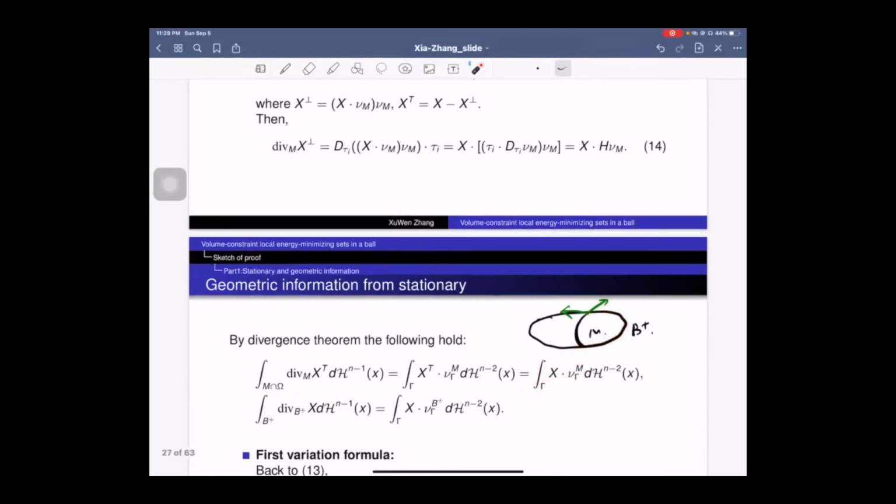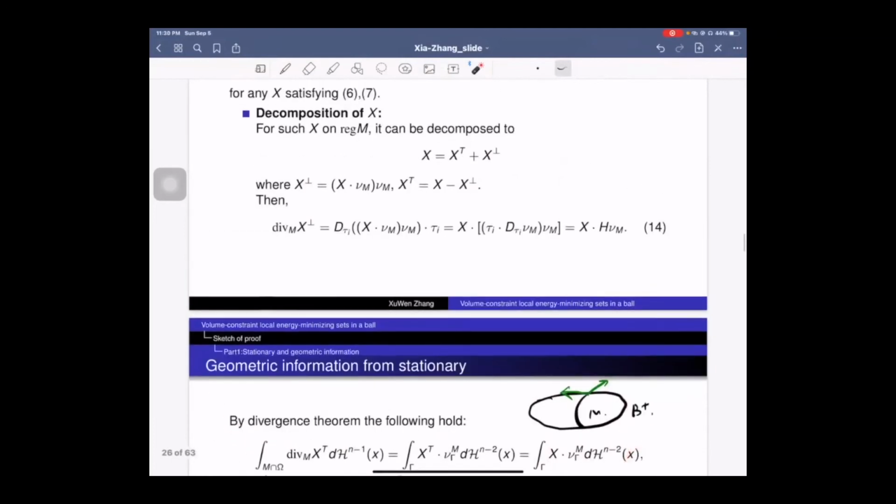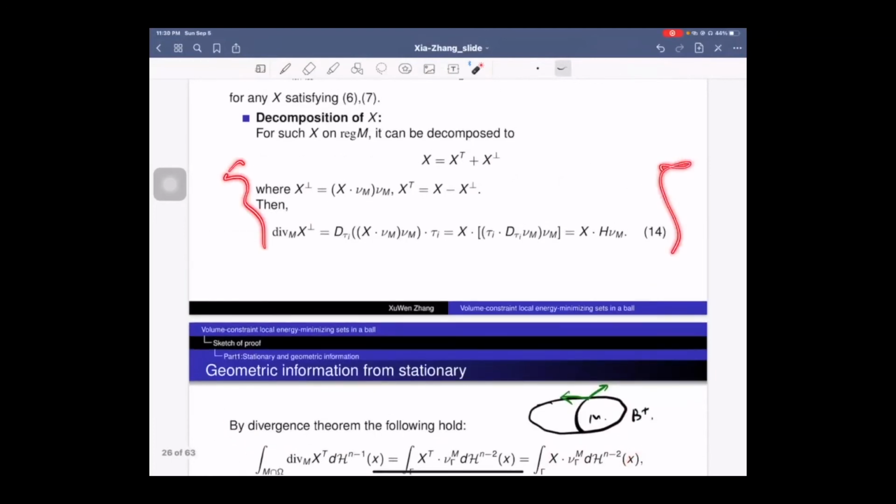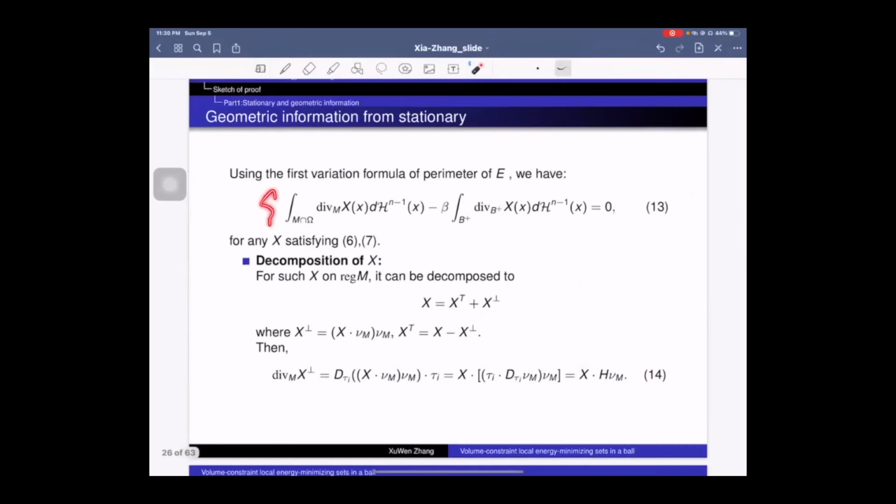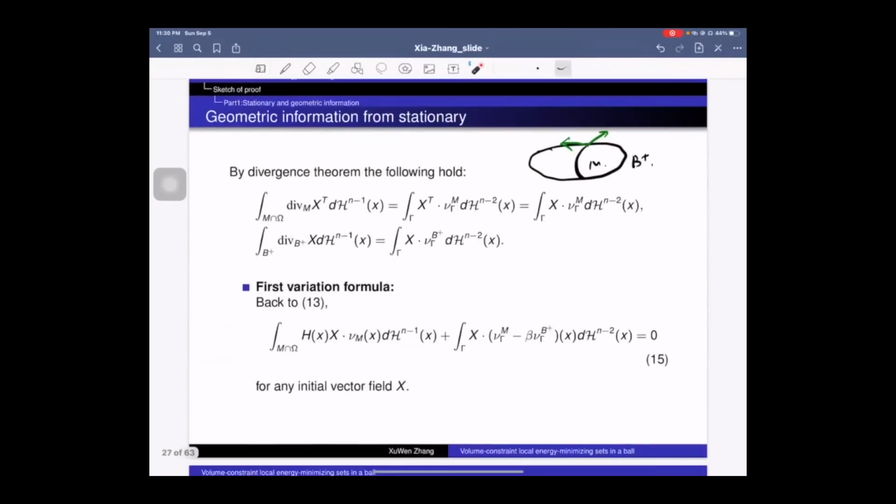And combining all this together, and back to this formula, we will have the first variation formula in our case, that this holds for any initial velocity X.